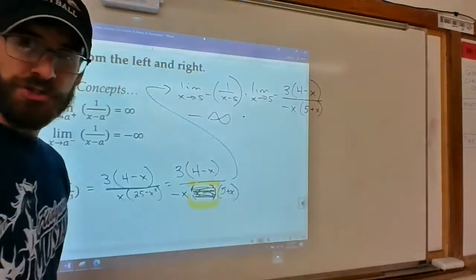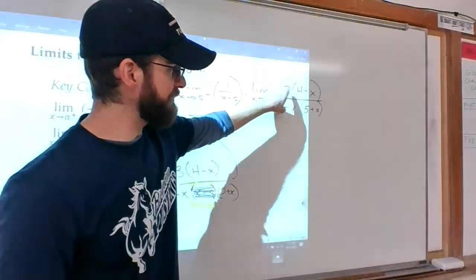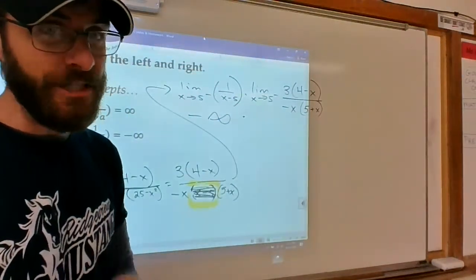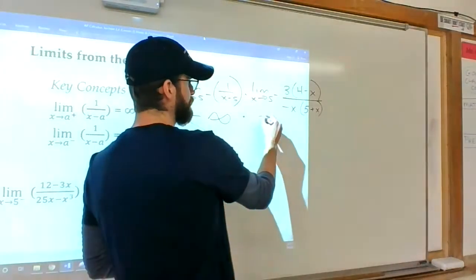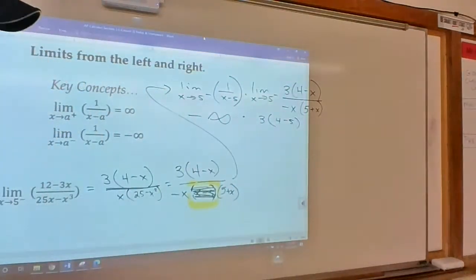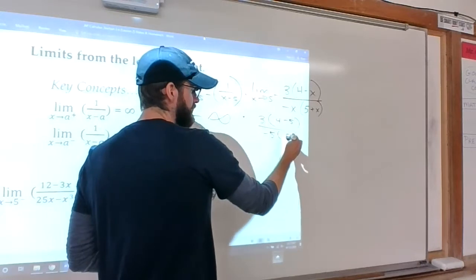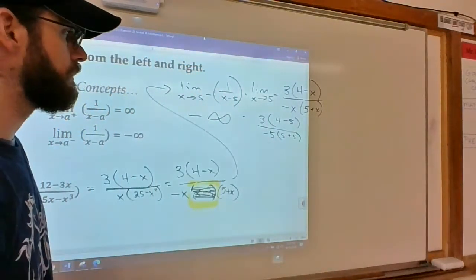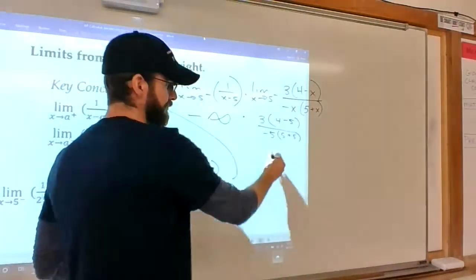This over here is just a straight plug-in. I know we're not normally used to plugging in 5 from the left in places like this, but you can just plug in now, because there's not a domain issue preventing you from plugging in. So it'd be 3 times 4 minus 5 on top, divided by negative 5 times 5 plus 5. Long story short, negative 1 times 3 is negative 3.